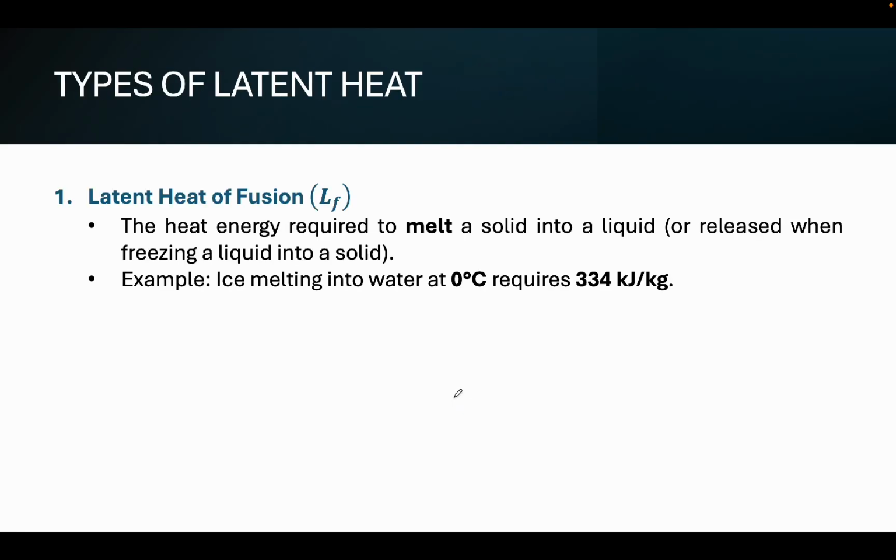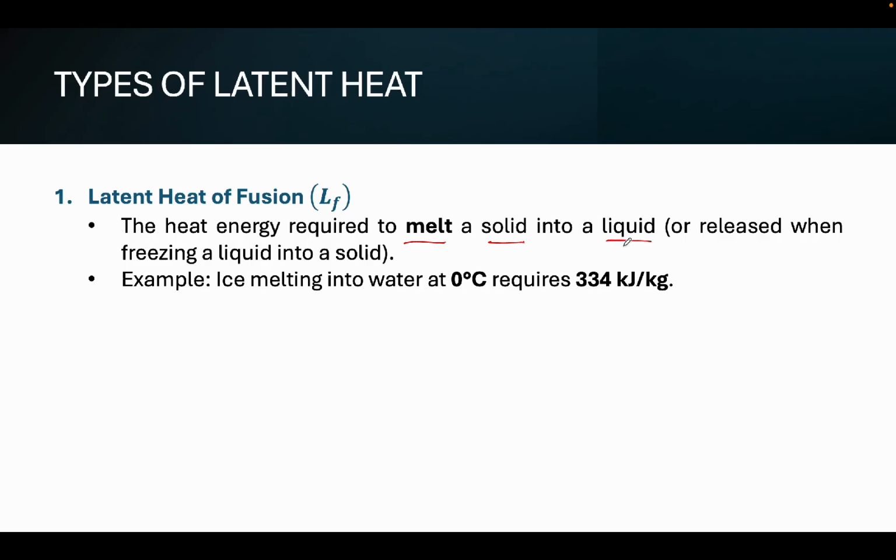Okay, so there are three types of latent heat. Latent heat of fusion, we have latent heat of vaporization, and latent heat of sublimation. So number one, latent heat of fusion. It is the heat energy required to melt a solid into liquid.